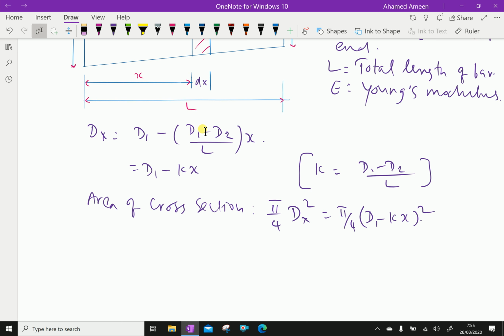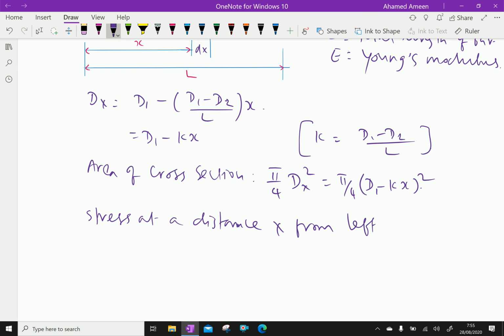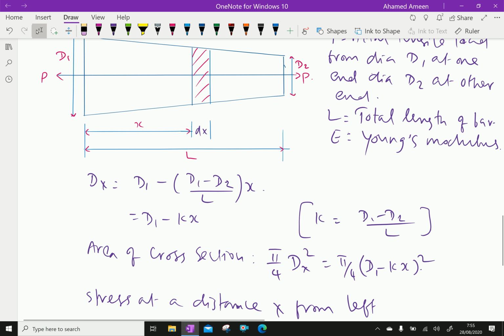Therefore, now the stress at a distance x from the left side. That means you have to find the stress in this cross sectional area.